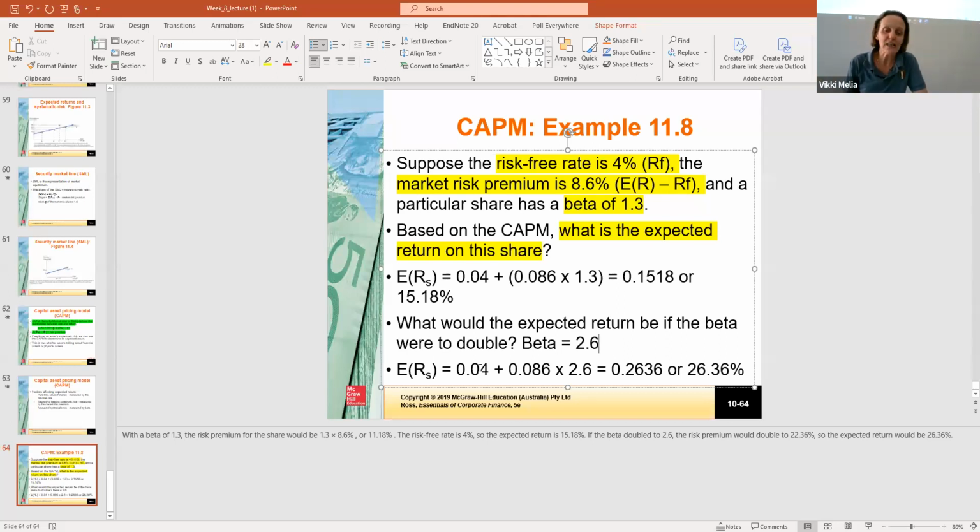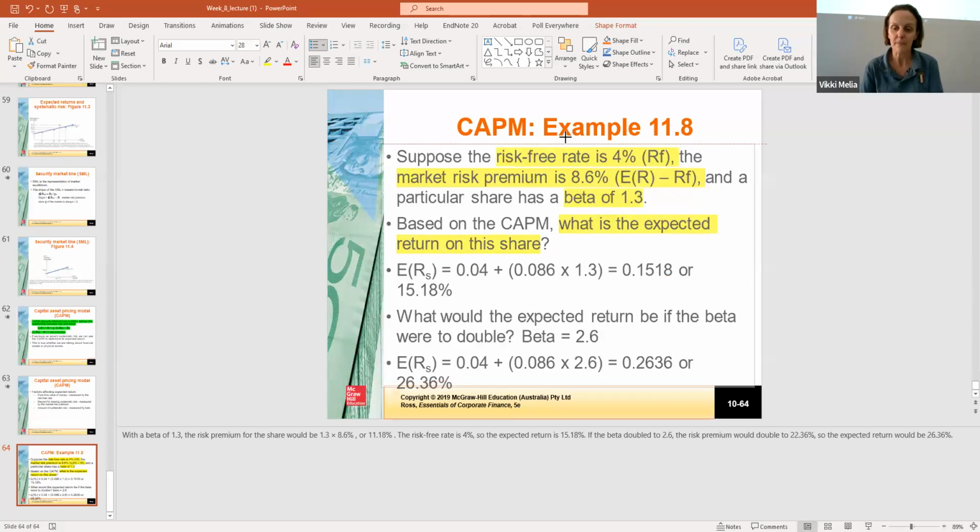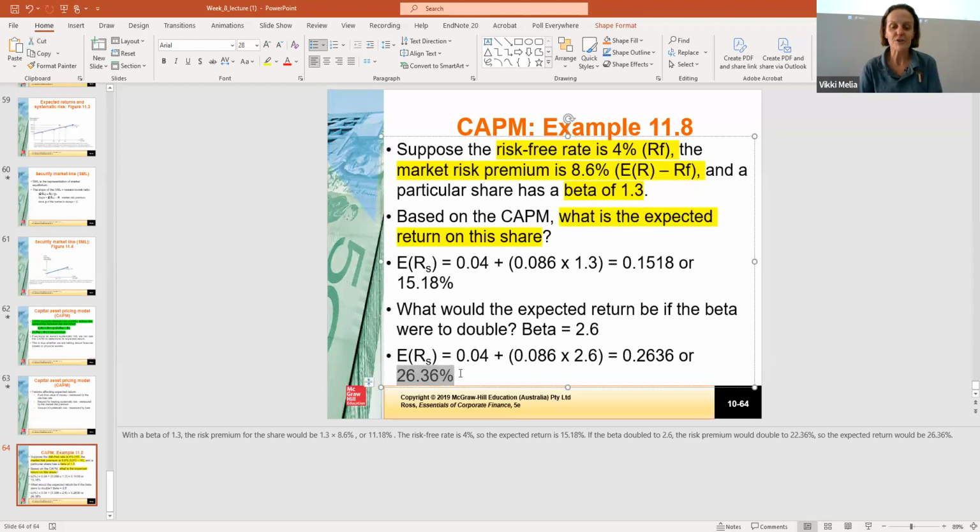So we do the calculations. The expected return from the share now is equal to the risk-free rate plus the market risk premium multiplied by beta. And we get an expected return of 26.36%, which is consistent with what we expected. As the risk increases, so should the expected return.